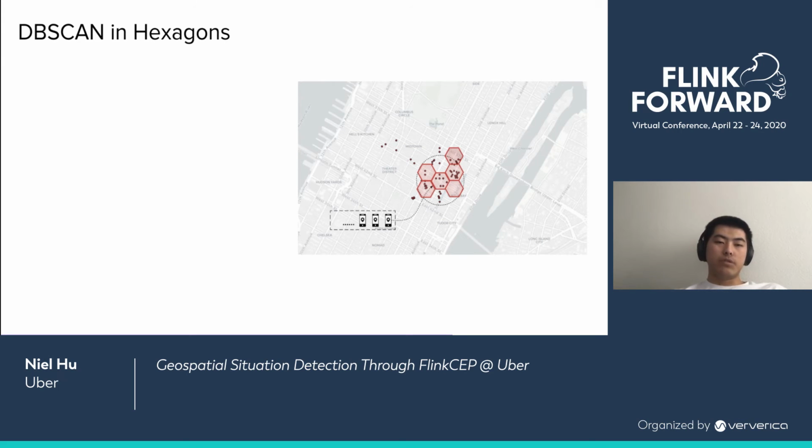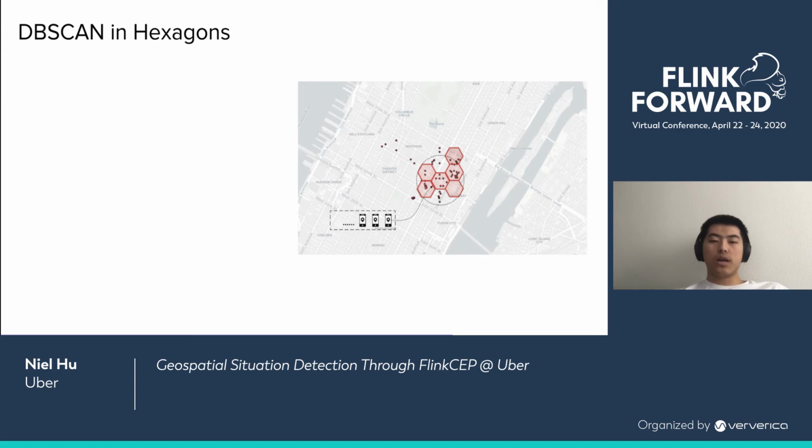How do we implement DBSCAN in hexagons? So instead of identifying the origin of a cluster within the ball, now we move to the hexagon world. We first tune the hexagon to fit the size of the ball. Then we see the number of points inside the hexagon. If the number of points is above the threshold, then we identify the hexagon as a core hexagon.